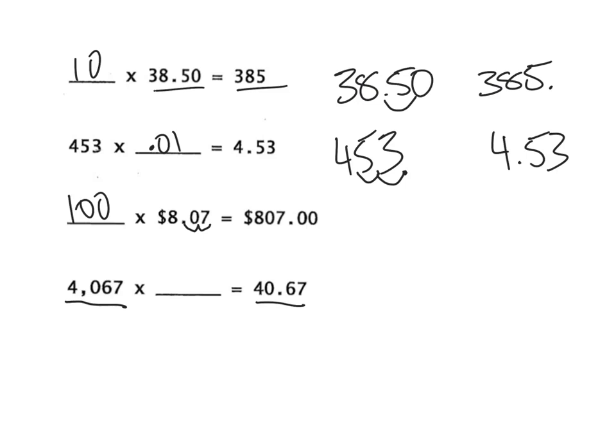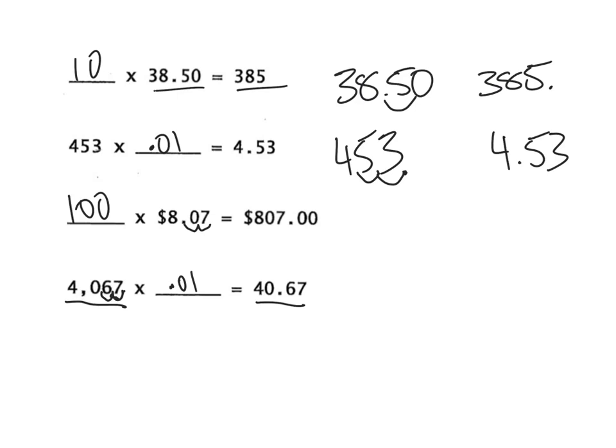And so it looks like, kind of like the one above it, they went from 4,067 to 40 and 67 hundredths, so it looks like they made two jumps. Two jumps means it's either going to be a tenth, a hundredth, or a thousandth. If it's two jumps, you could think hundredths there. They multiplied this one by a hundredth to get 40 and 67 hundredths.